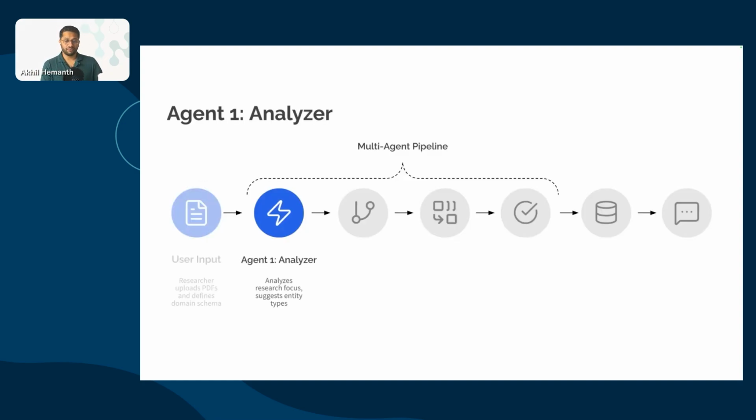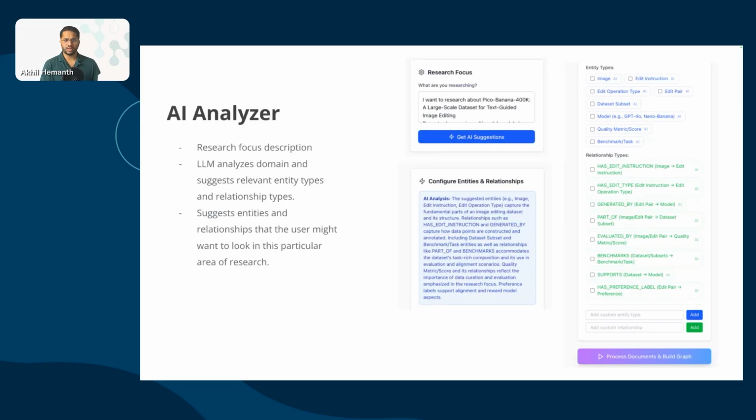So the first agent is an analyzer agent, which is when the user puts the PDF or any data set inside, they can either rely on what the agent thinks should be the entities and relationships. So they can put in what the research focus is and get AI suggestions.